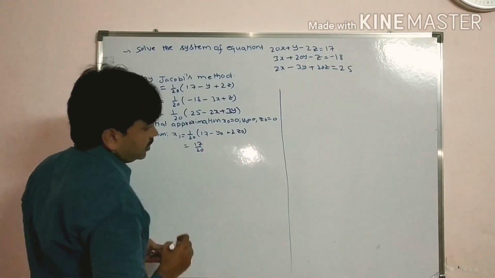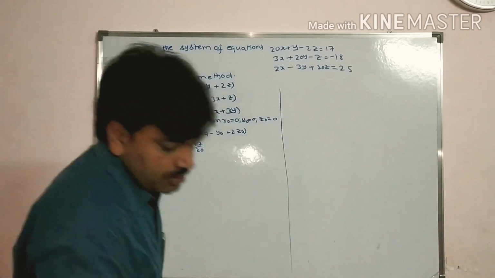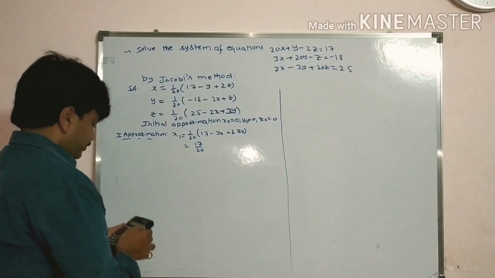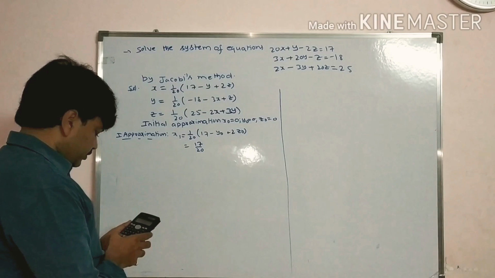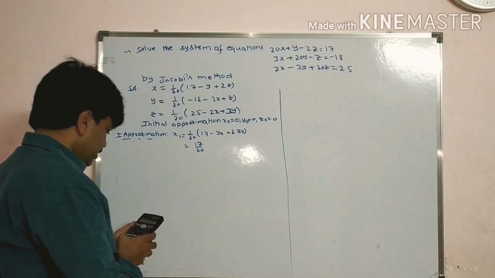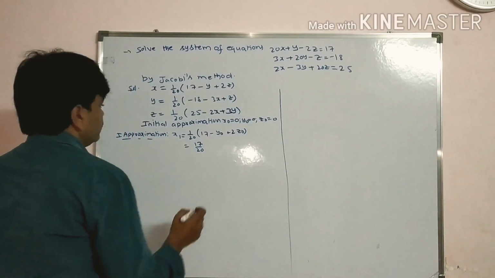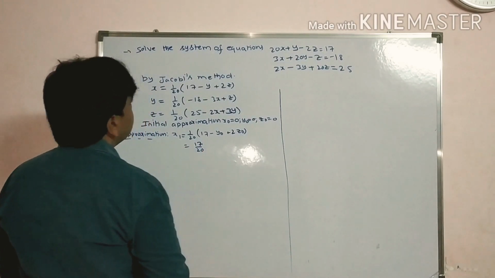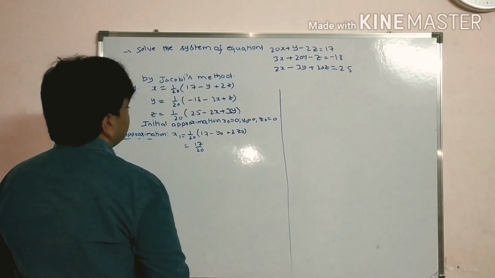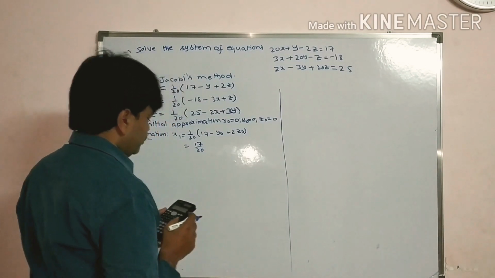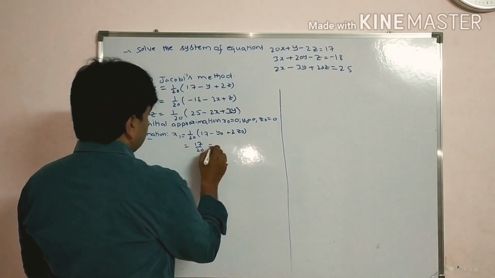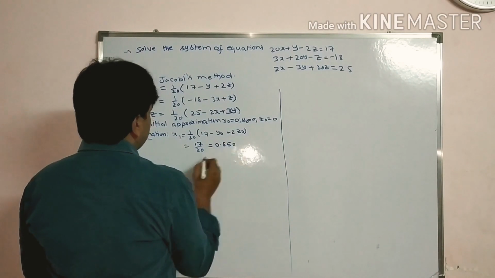We need a calculator here, students. 17 by 20 is equal to 0.850.